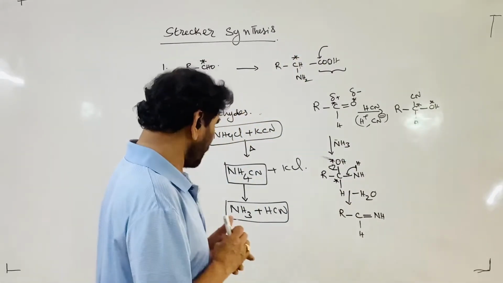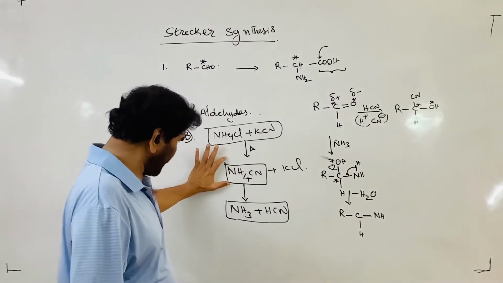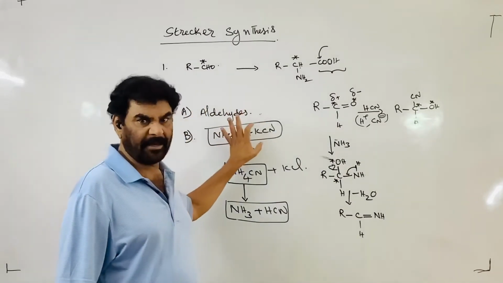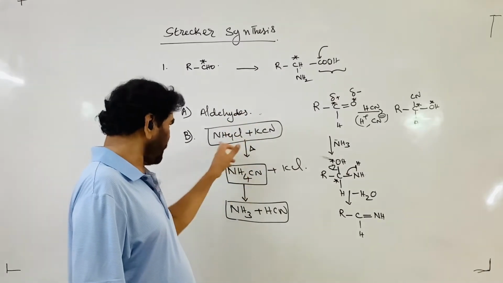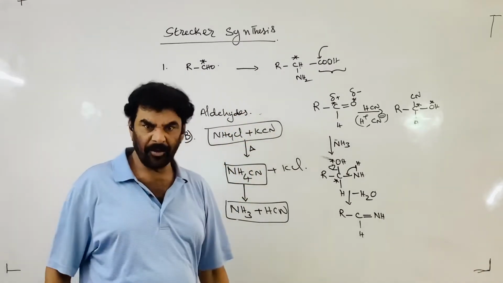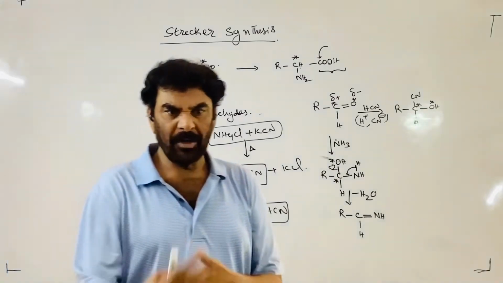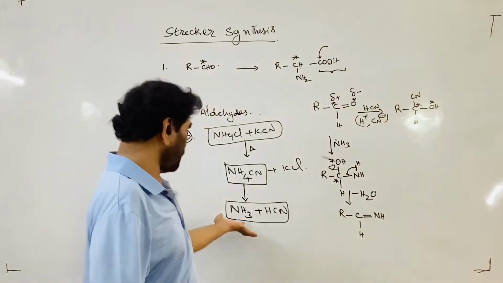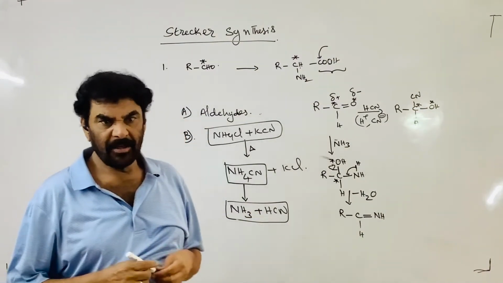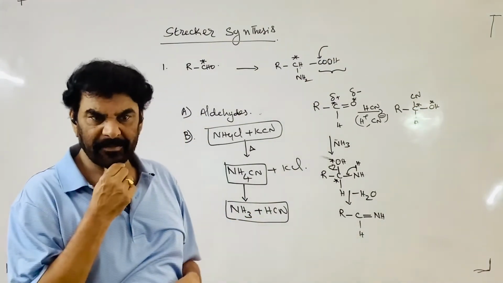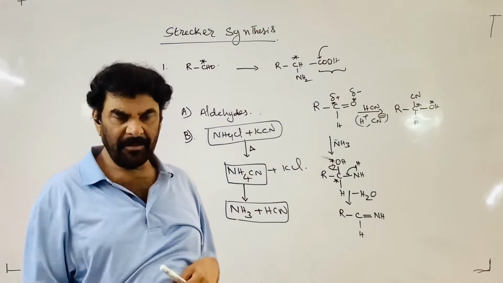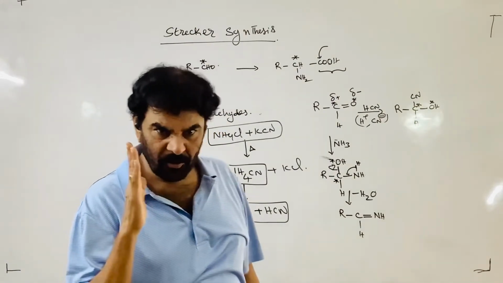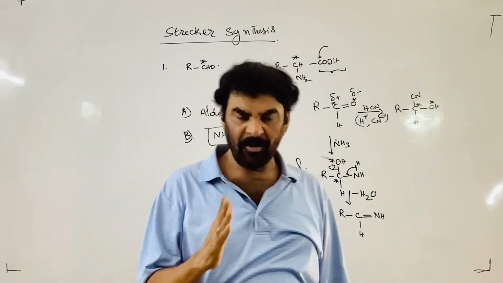Now what we are doing is using a reagent, ammonium cyanide, or ammonium chloride and KCN. This is prepared by taking this mixture. During the reaction, the ammonium cyanide formed decomposes to give ammonia and HCN. So these two react one by one, and finally we get a compound known as the aminonitrile.